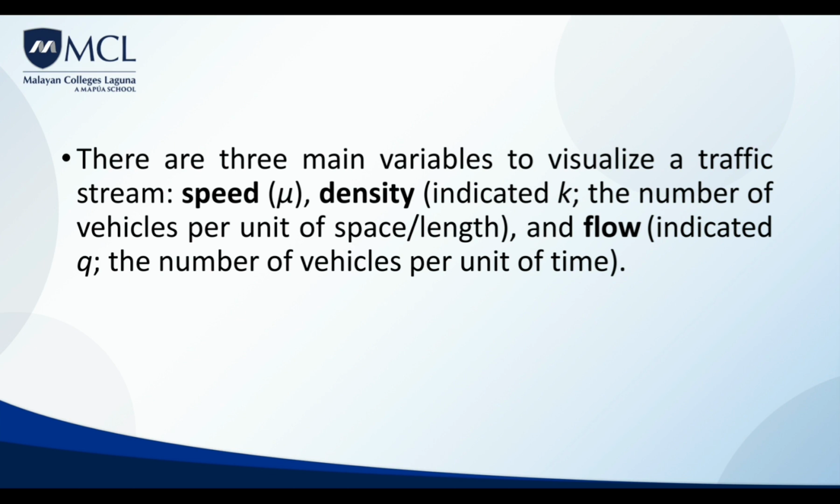Density tells the number of vehicles per unit of space or length. And the flow, also known as the volume of the traffic, tells the number of vehicles per unit of time. Now let us discuss them one by one.